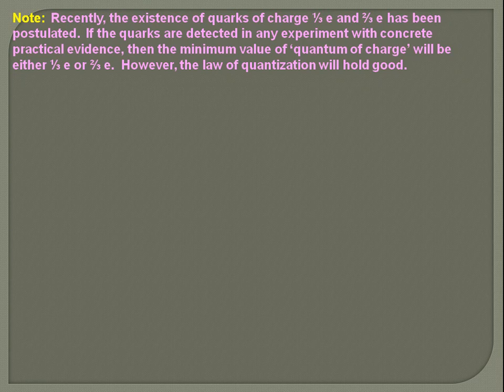But we don't have to care about this, because we don't have to deal with quarks. So we will assume that the charge on a body is quantized. It means that it cannot have a fractional charge of the elementary charge.